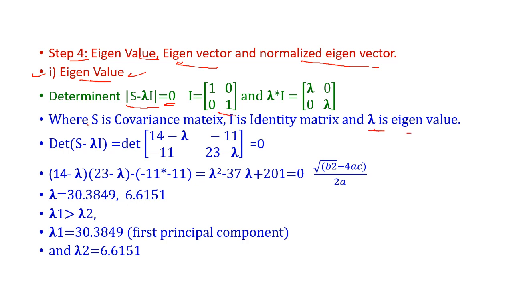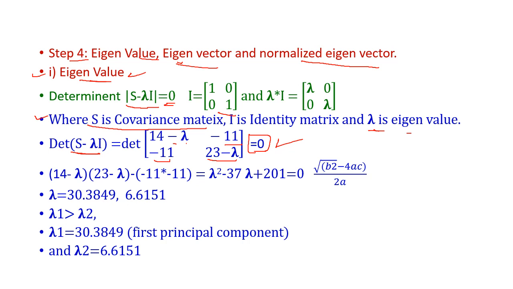What is S? S is nothing but covariance matrix, which we computed just now. Now the determinant is 14 minus lambda, minus 11, here minus 11, this is 23 minus lambda, which is equal to 0.